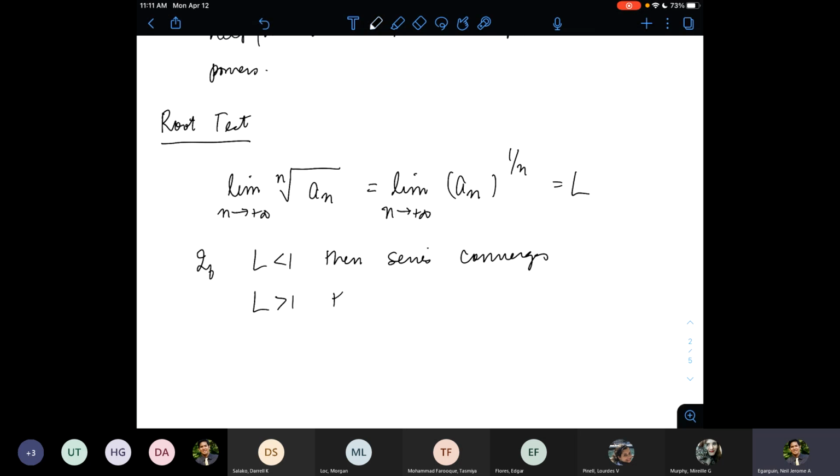If L is greater than 1, then the series diverges. And if L is equal to 1, no conclusions can be made. So they have the same criteria as the ratio test.